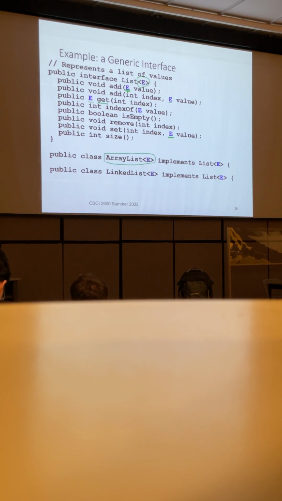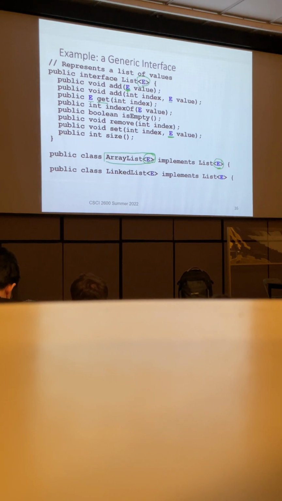So public class ArrayList<E> means that this is the type parameter for your ArrayList. And it implements List, and List is generic, and you use the same variable here. You don't have to, but typically this is what we want. So that you basically say this is the same E as this E.